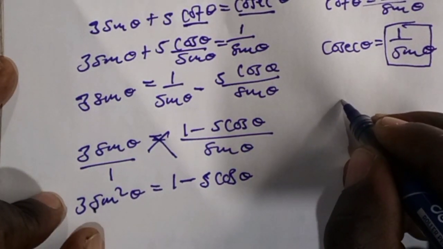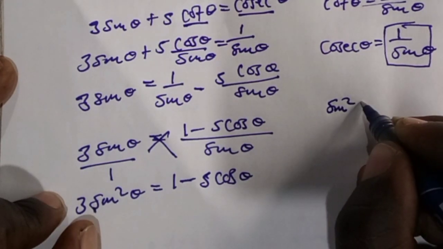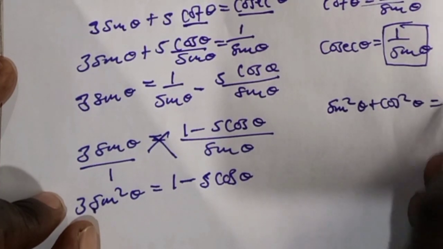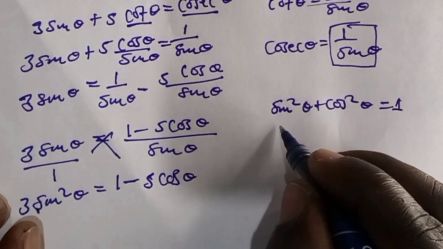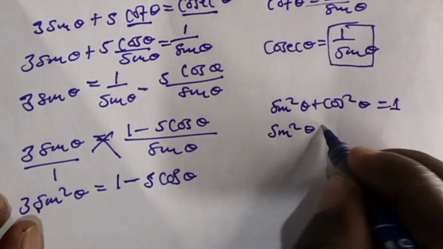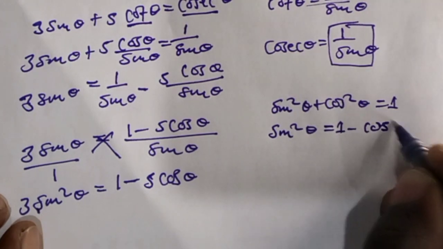Remember, in the trigonometry identity, sine squared theta plus cos squared theta equals 1. So we make sine squared theta the subject, which equals 1 minus cos squared theta.